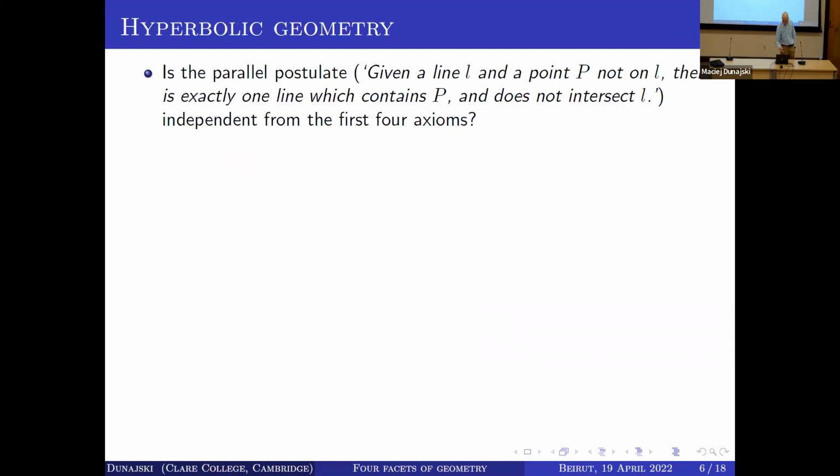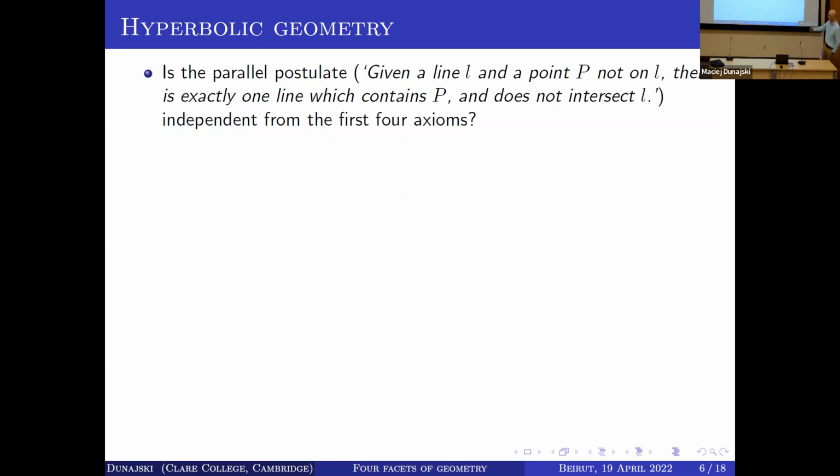This dispute was settled in the 19th century, when the first example of what we now call non-Euclidean geometry was constructed. By a non-Euclidean geometry, I will mean a geometry which satisfies the first four axioms, but not the fifth.